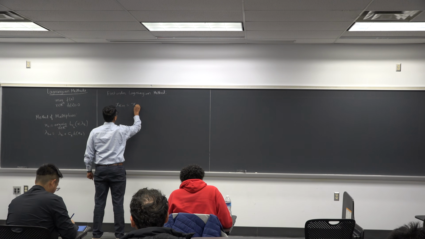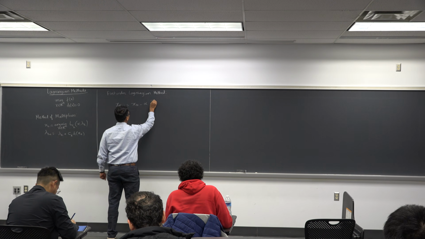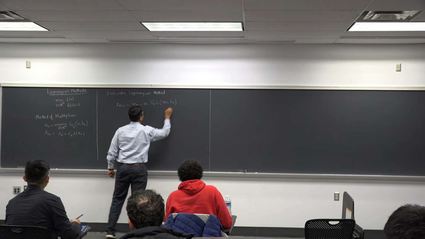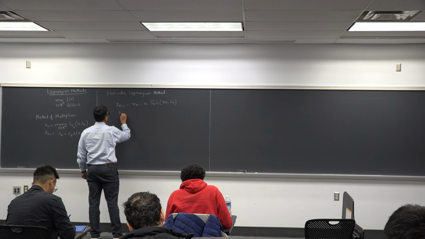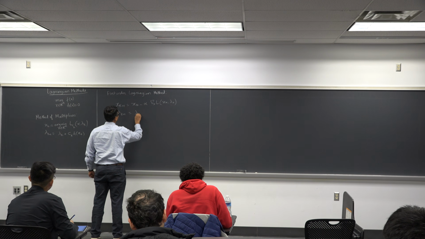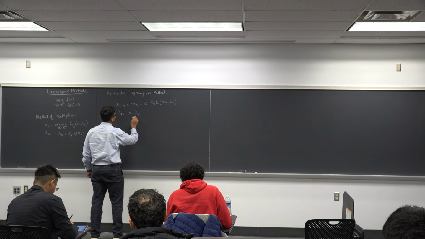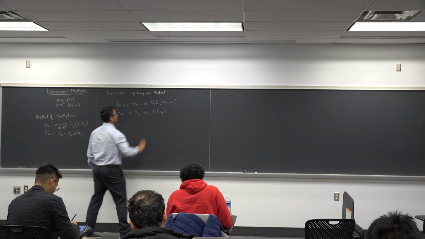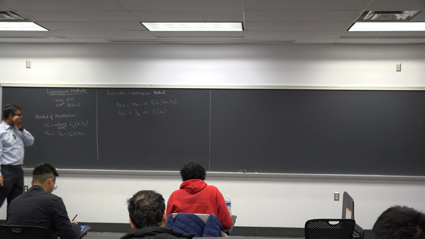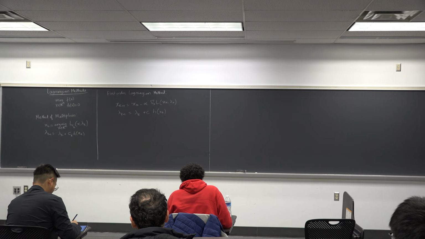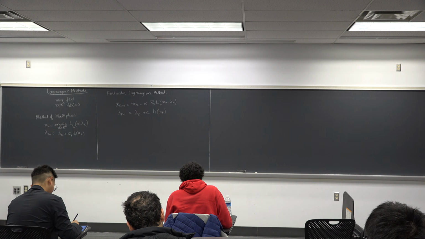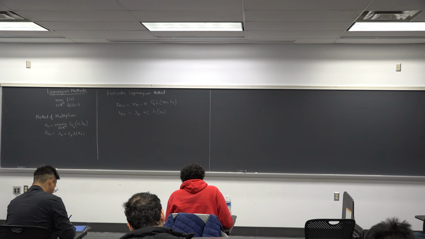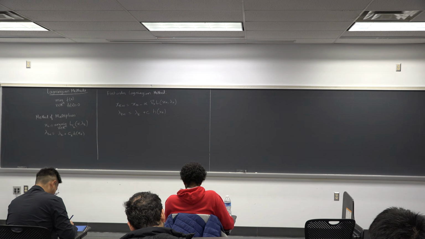x_{k+1} equals x_k minus alpha times the gradient of L(x_k, lambda_k). Lambda_{k+1} equals lambda_k plus c h(x_k). So I just need to pick alpha and c.